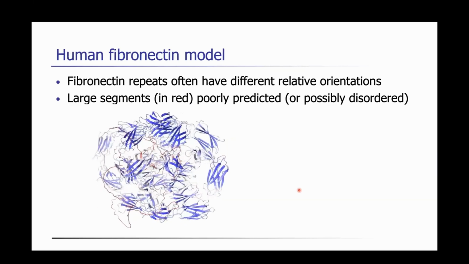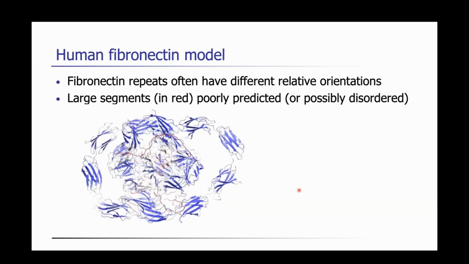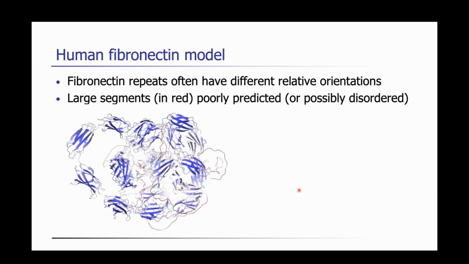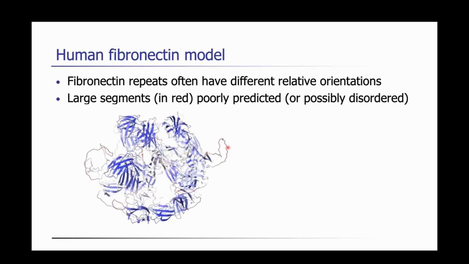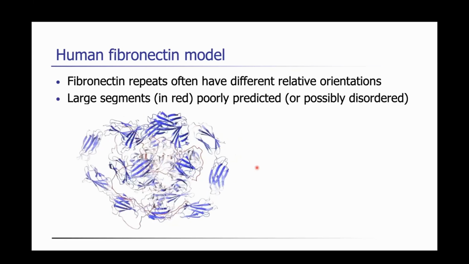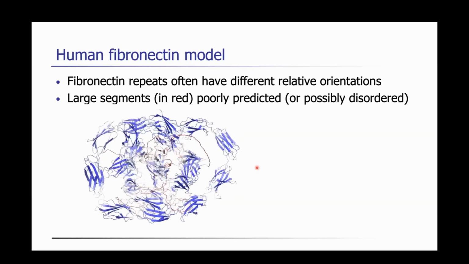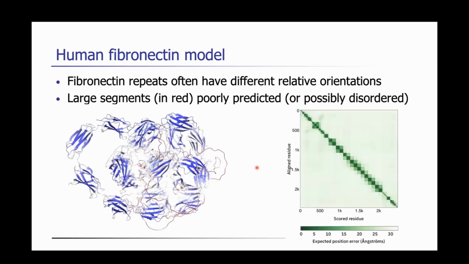This is the example I was going to go through of something with lots of domains. This is the predicted model for fibronectin, which has a lot of fibronectin repeats. The red stringy bits in between are probably disordered loops, but definitely we have no idea what they look like. So those we want to remove, but how well is the domain information known?